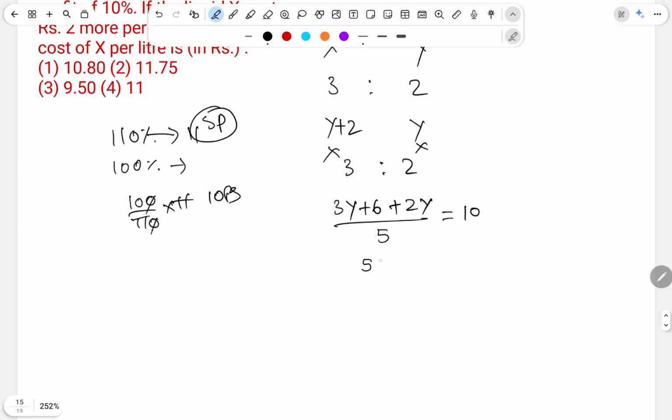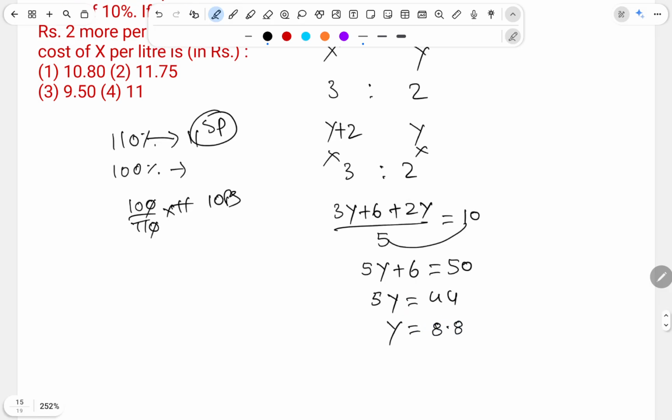Then 5Y plus 6, this 5 if I transpose to the right hand side, 50. 5Y is equal to 44. Y is equal to 8.8. Then they're asking the X value. X is 2 rupees more than Y. So X is equal to 10.8.